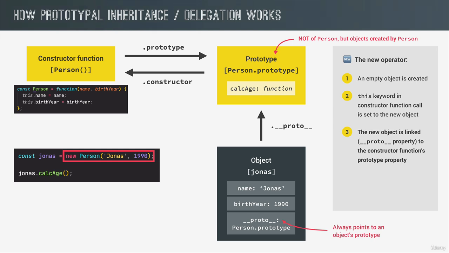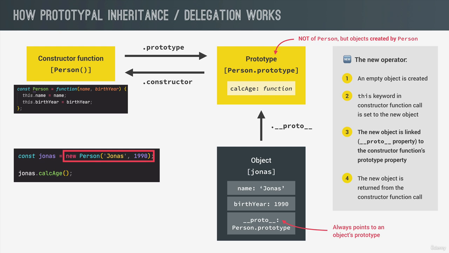Great. And finally, the new object is automatically returned from the function unless we explicitly return something else. But in a constructor function like person, we usually never do that. Okay, and with this, the result of the new operator and the person constructor function is a new object that we just created programmatically, and that is now stored in the Jonas variable.